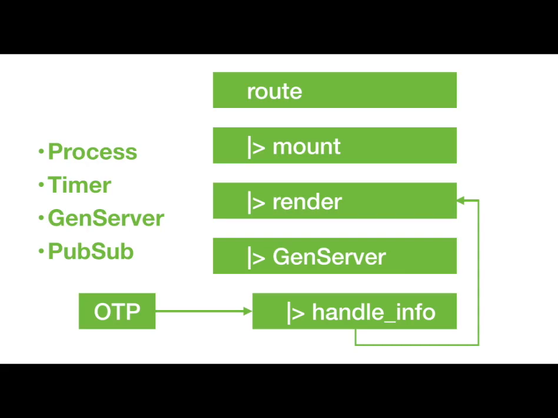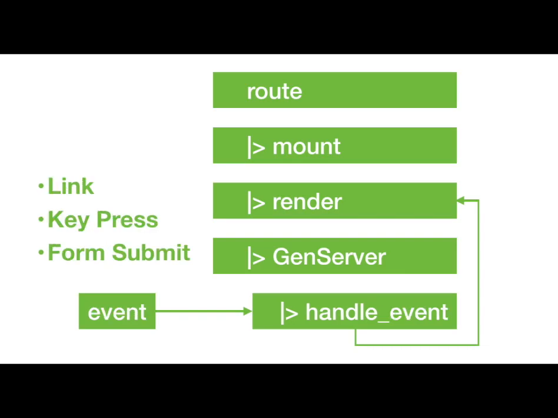We won't write any JavaScript at all in this application, but some that comes with a framework where anytime a link is pressed or a key is pressed or a form is submitted or a handful of other events happen, I can take these events and I can feed them back into handle_event, which is just another piece of the GenServer. And based on that, I can modify my socket and I can feed that socket back into the render function.